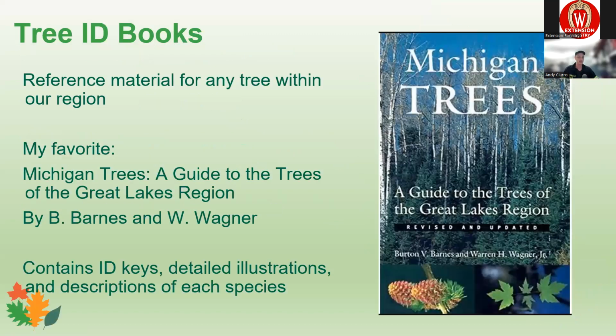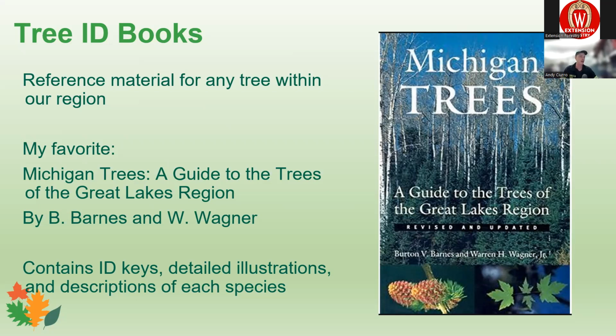So in addition to the key, some other resources you might want, you go to the bookstore or the library, you see a bunch of guide books on your local trees, that sort of thing. This one on the slide here is my favorite. This is what I use to learn my trees when I was just getting started in forestry. It's Michigan trees, but it covers all species in the upper Midwest.